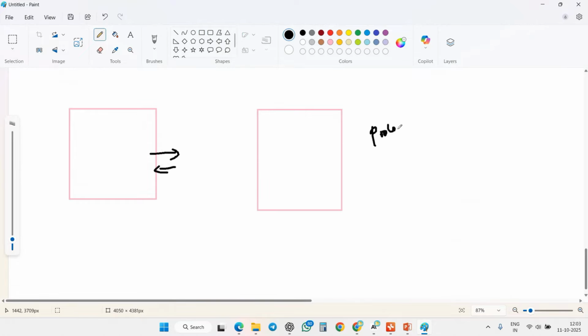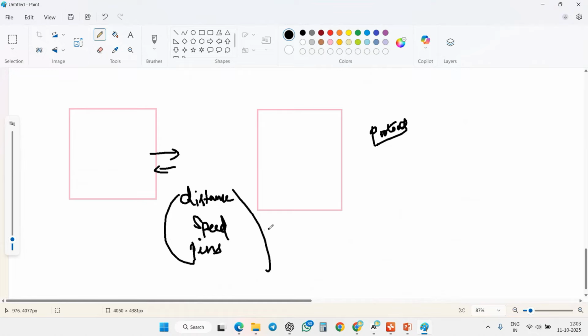Protocol means a set of rules and regulations: these two devices should communicate within this distance, at this speed, using only these pins. Whatever rules govern these devices are called a protocol. It is a set of rules.